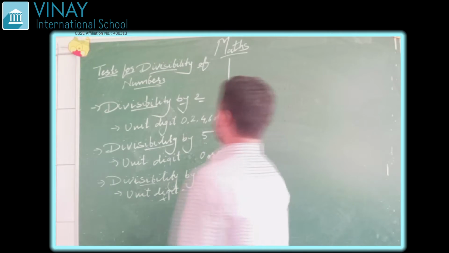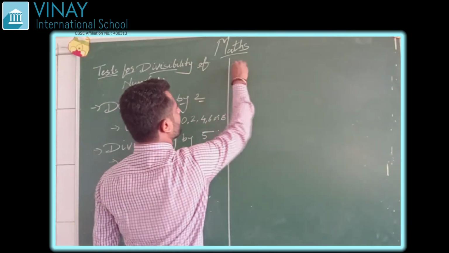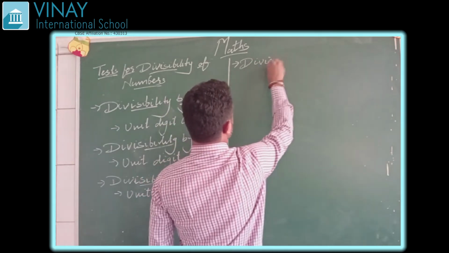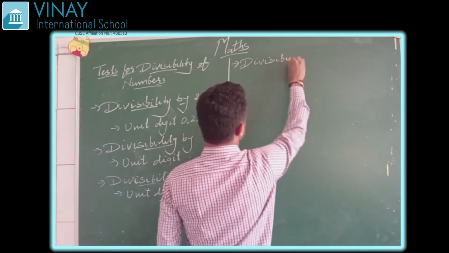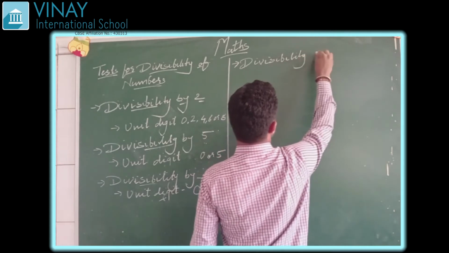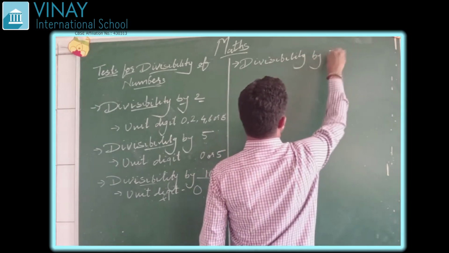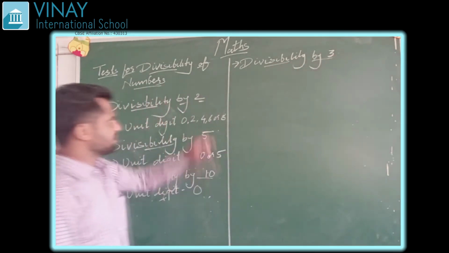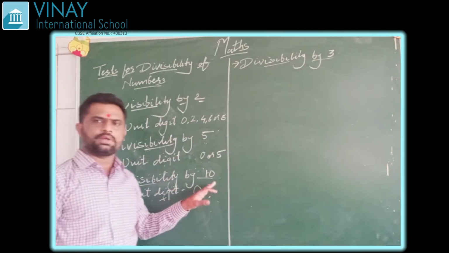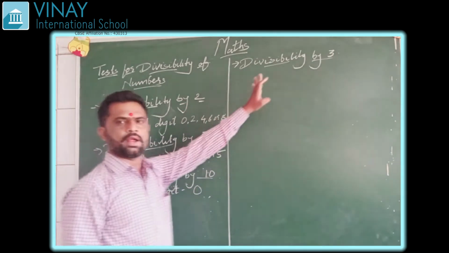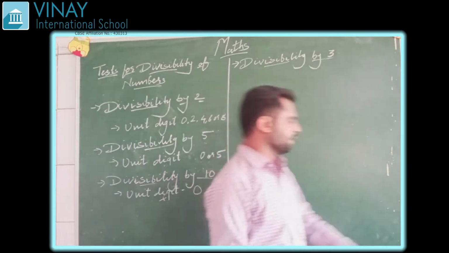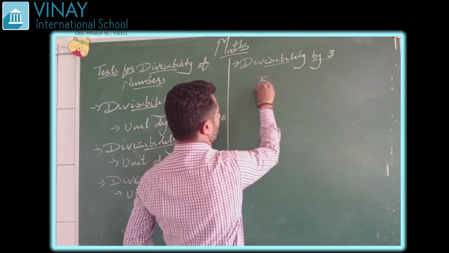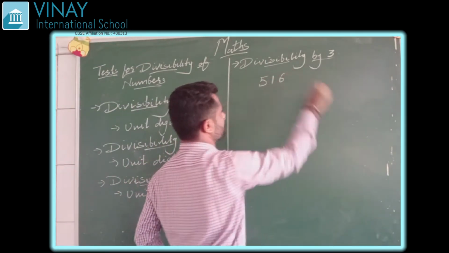Now let us see divisibility by 3. In 2, 5 and 10, we had seen the unit digit. In 3, we don't have to see the unit digit. Let us take any number, 5, 1, 6.